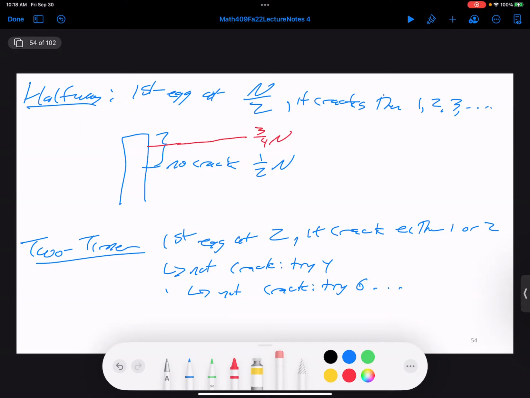And if you're unlucky, then you've got to go one at a time. With your strategy, once your egg cracks, you basically know where it is. But if the bad floor is towards the top, you're going to have a lot of drops before you finally get that first egg to crack. So the question is, which strategy do you think is better? The halfway strategy or the two-timer strategy?